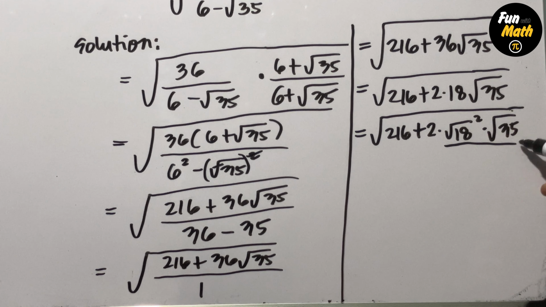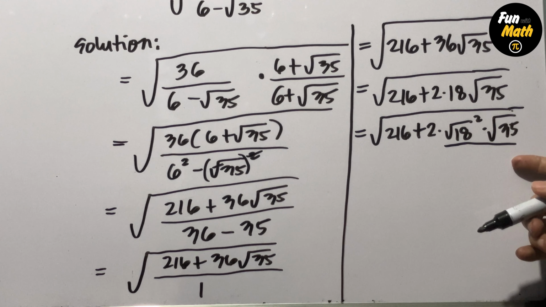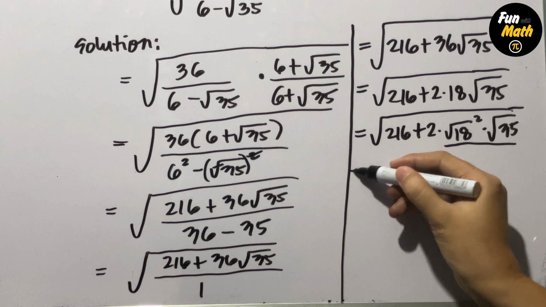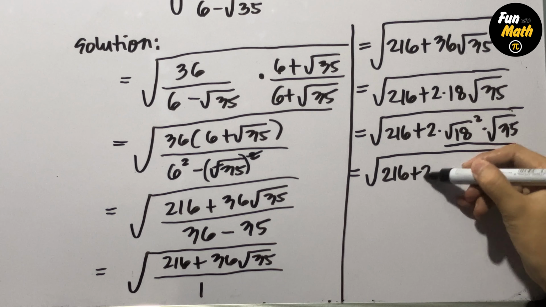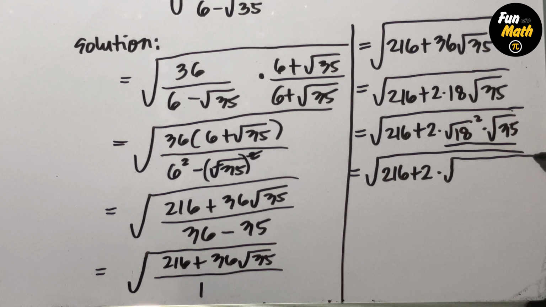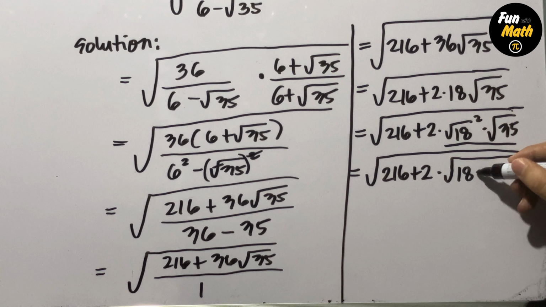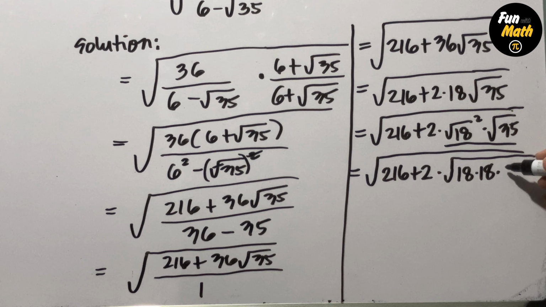Now for this part, square root of 18 squared times square root of 35, we can split that. And this is now square root of 216 plus 2 times under root of 18 times 18, since this is squared, times 7 times 5.